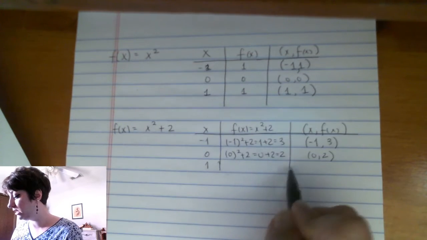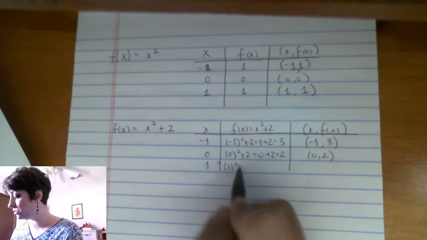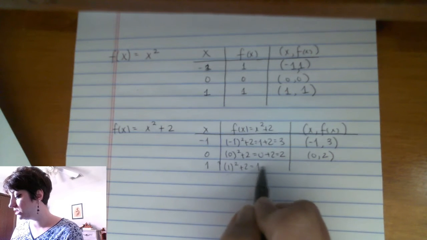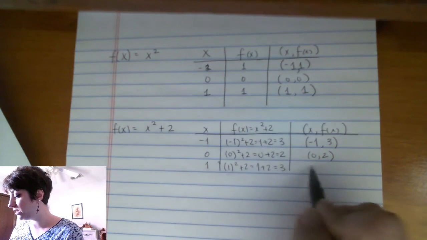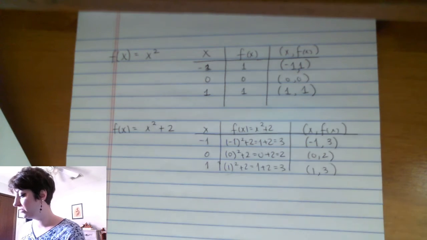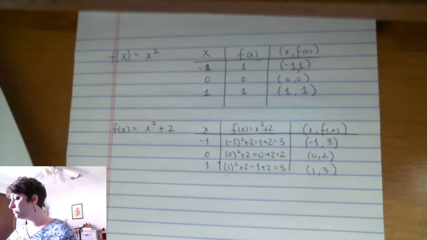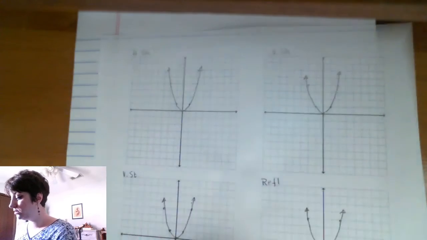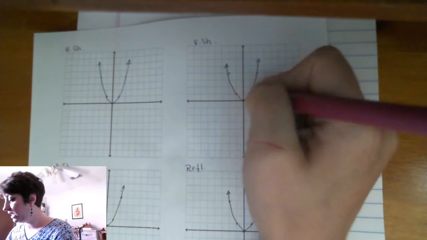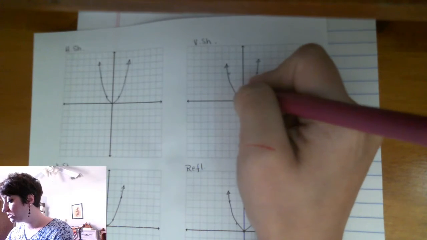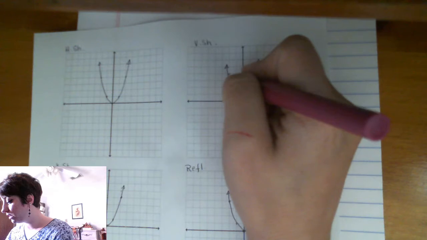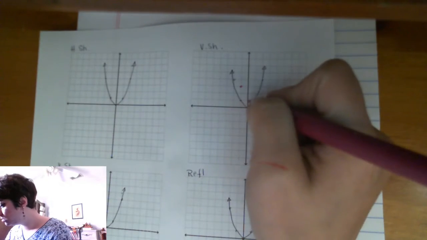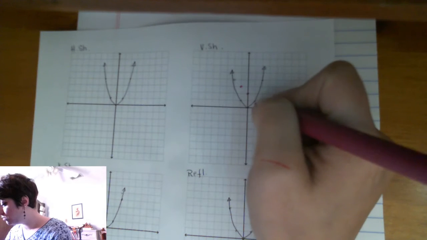And finally, 1 squared plus 2 is 1 plus 2, which is 3. So I plot 1, 3. Those are the points that would go on my graph: -1, 3, 0, 2, 1, 3.